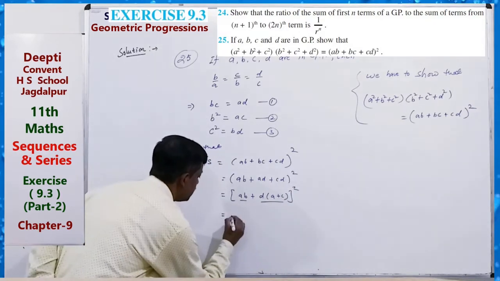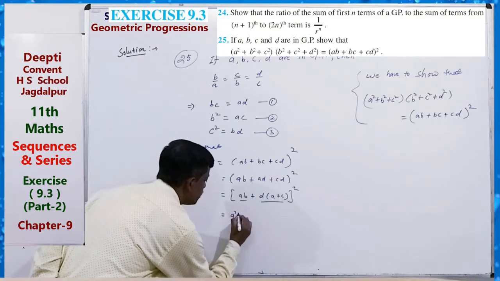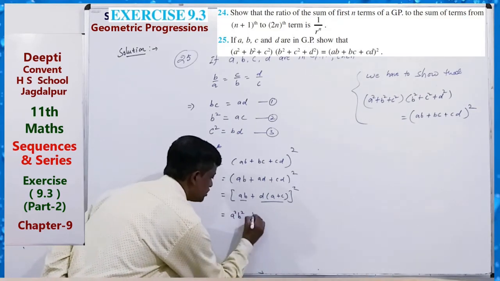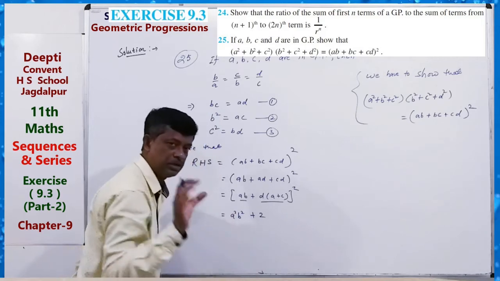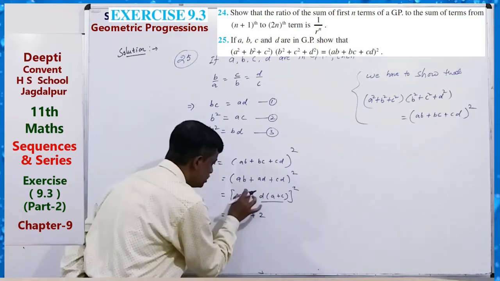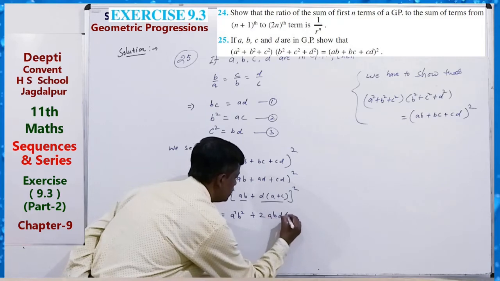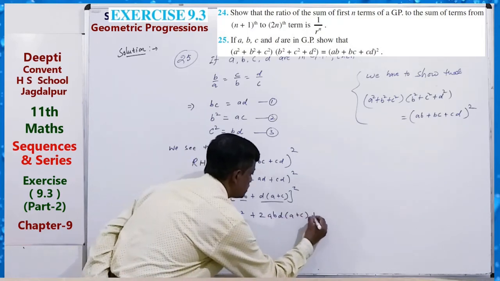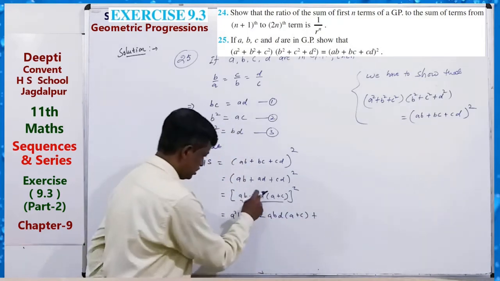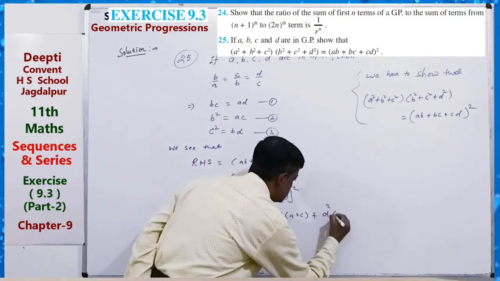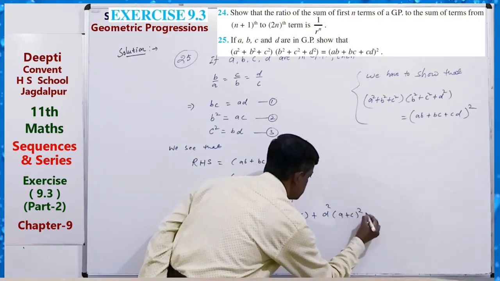So we can write A square plus B square, this is A square plus 2AB means 2 this into this, 2ABD into A plus C, plus D square into A plus C whole square.